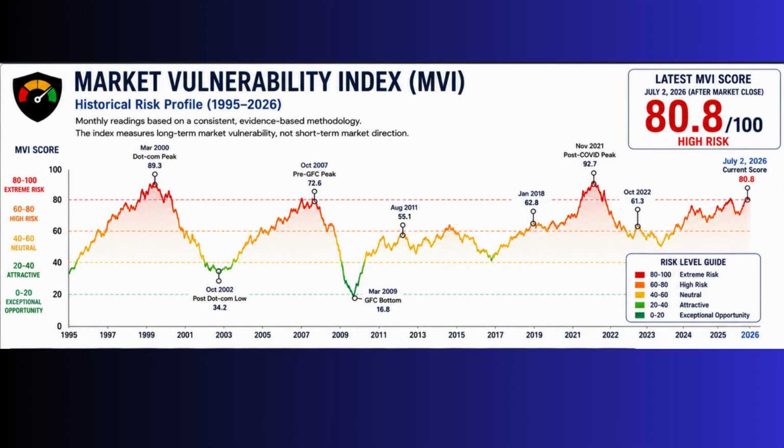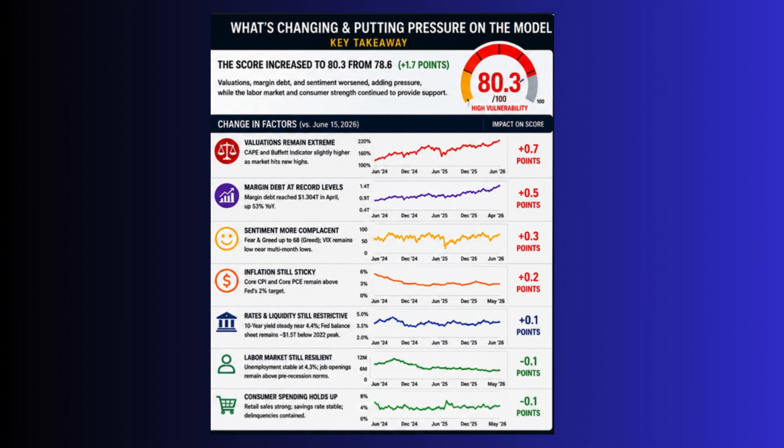Last month it was 78.6. It's climbed to 80.3. Here are the factors that influenced the change. Valuations remain high, margin debt is at record levels, and sentiment also increased in risk. And then inflation is still steady.